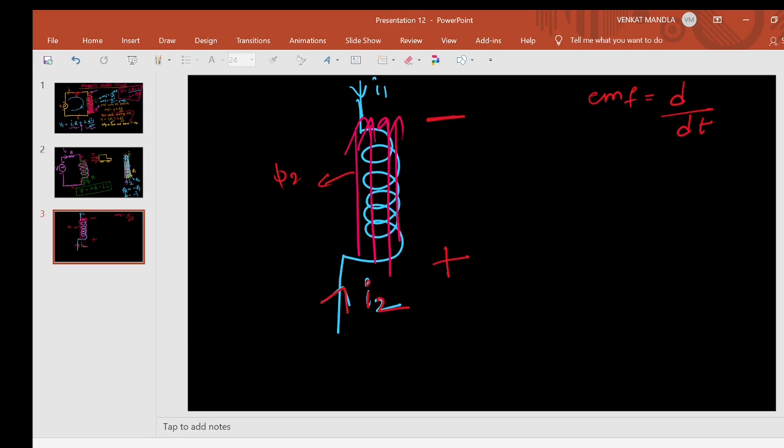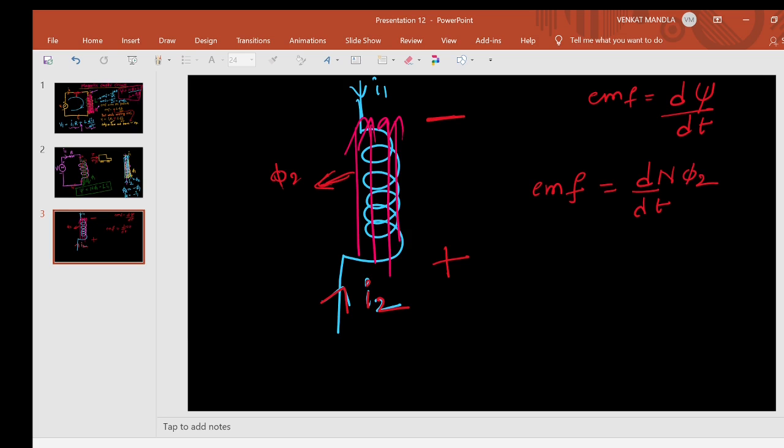Psi is the flux linkage, but here EMF is d by dt of n into phi. But here n into this is psi 2. What is the flux induced? Induced EMF is due to induced flux.